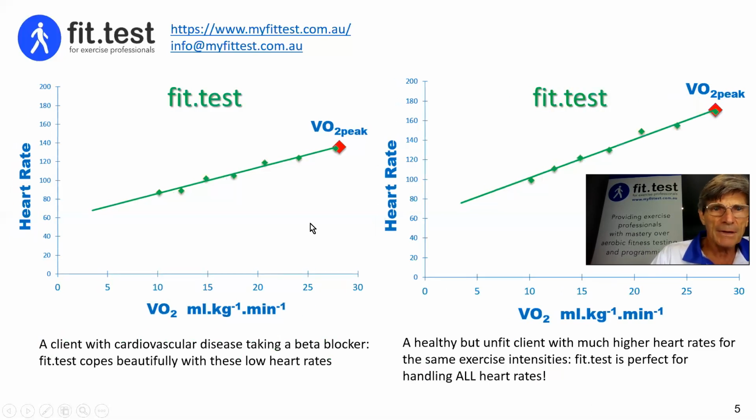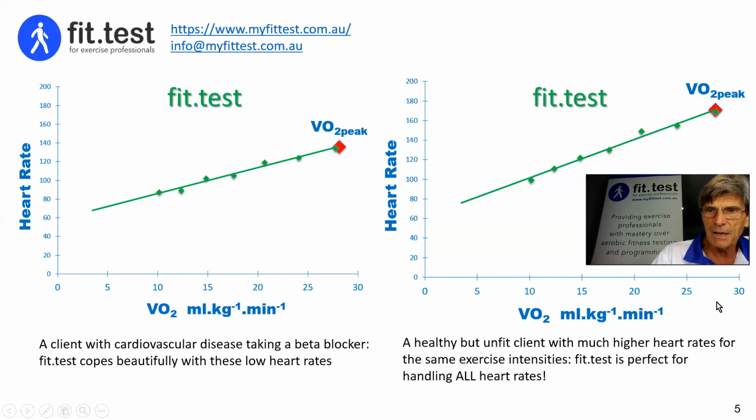Now, the next examples I've given, on the left here, I have exactly the same client as I had on the previous slide, so I won't go over that again because this is a client taking a beta blocker. And on the right here, we have a healthy but unfit client with much higher heart rates, but theoretically putting in exactly the same exercise intensities for this client.